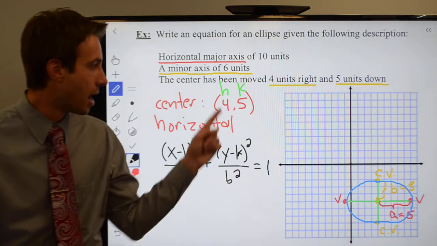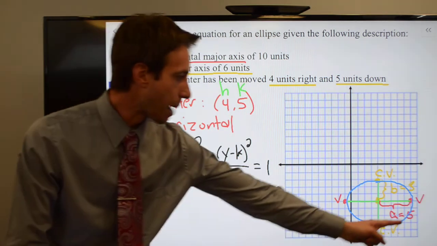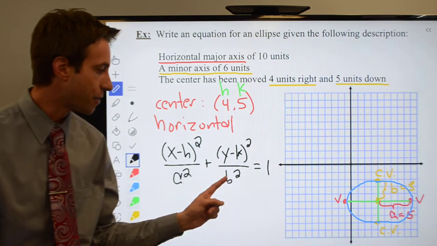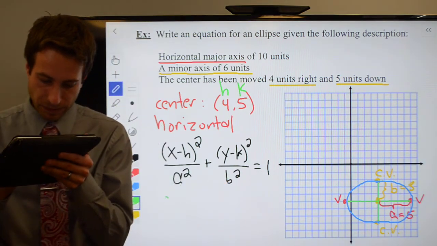So here we go. I plug in a 4 for H, plug in a 5 for K. I plug in a 5 for A. I plug in a 3 for B. And here's what we get.